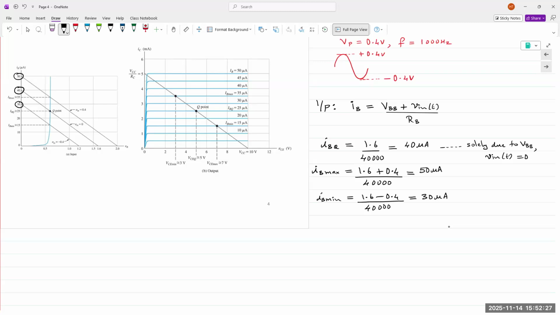And because it's shifting, your base current is moving. So your base current increases with increasing V in, and it decreases with decreasing V in. So if V in goes to a positive peak, your base current goes from 40 to 50 microamps. When it goes to the negative peak, it now goes from 40 to 30 microamps. Let's take a pause. Does that make sense?